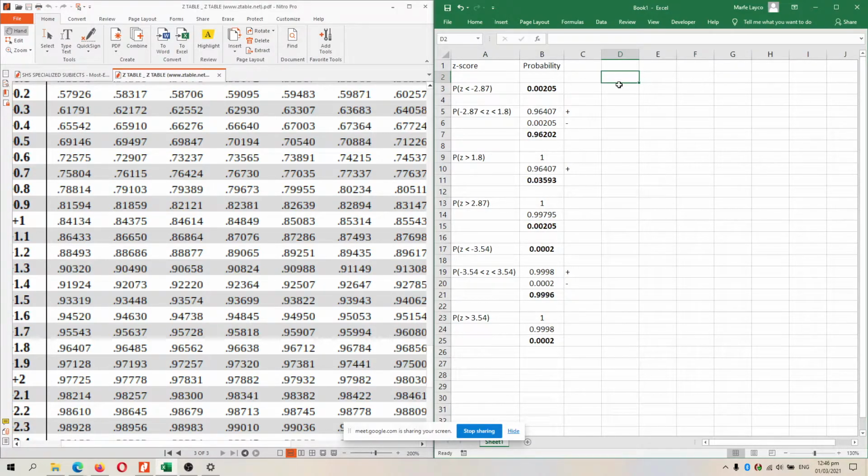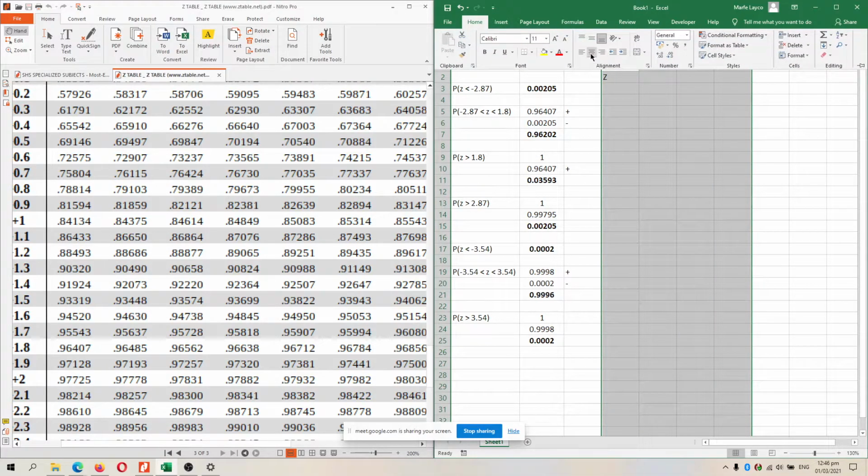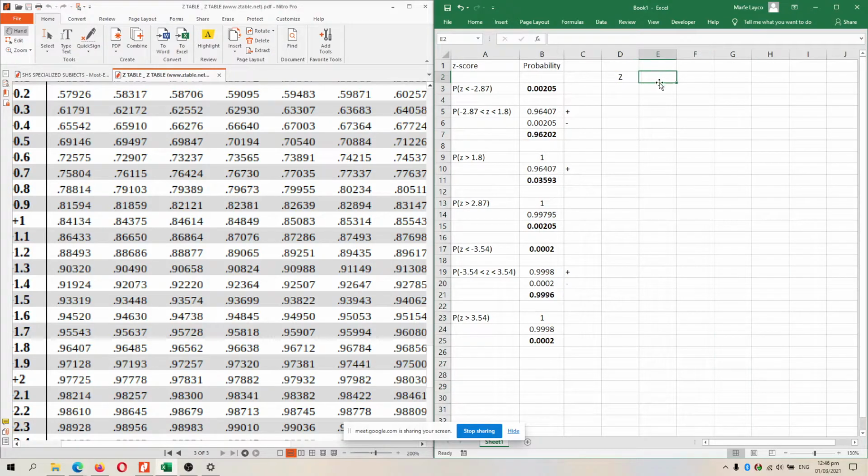Ang formula natin for z-score: z is equal to x, meaning the given random variable, i-minus natin sa ating mu or mean.